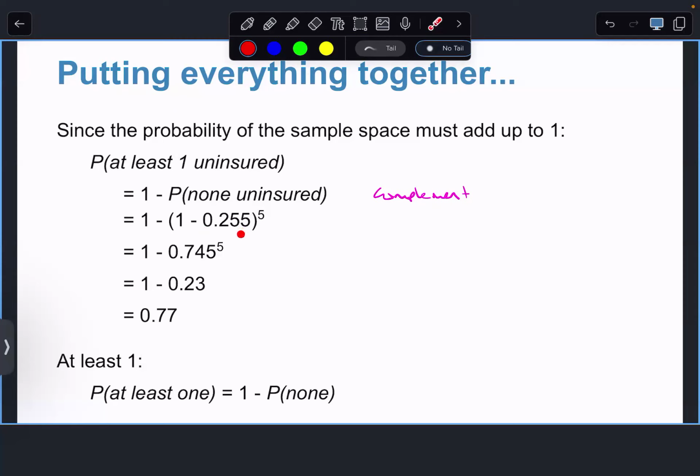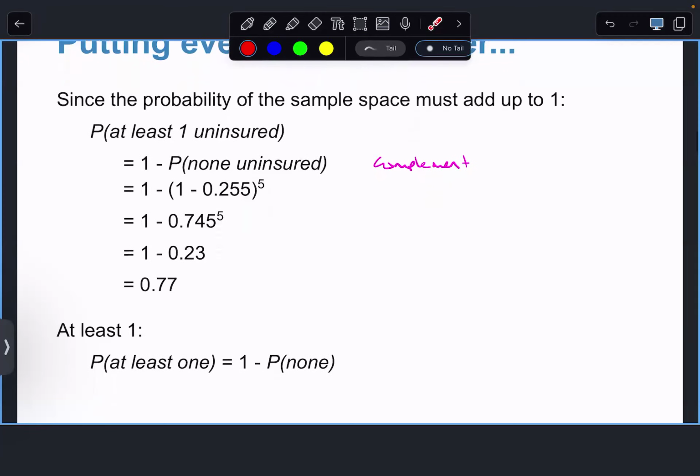And so then none uninsured. Oh, I see. Never mind. 1, 2, 3, 4, 5 Texans. Texan number 1, 2, 3, 4, 5.